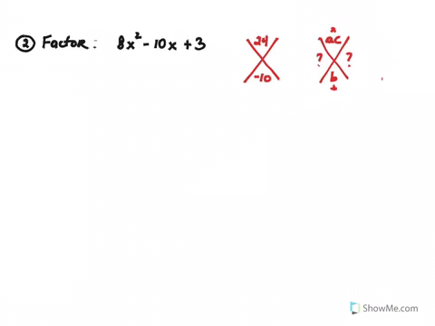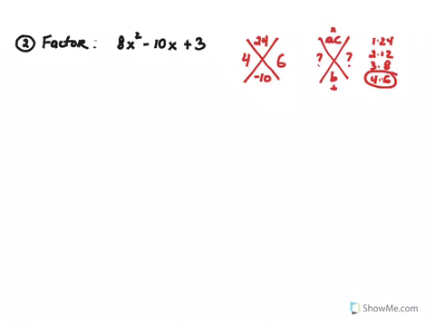Quickly think about factors of 24. 1 times 24, 2 times 12, 3 times 8, 4 times 6. Which pair of these four will meet our requirement? I hope you agree that 4 times 6 is the one we need.